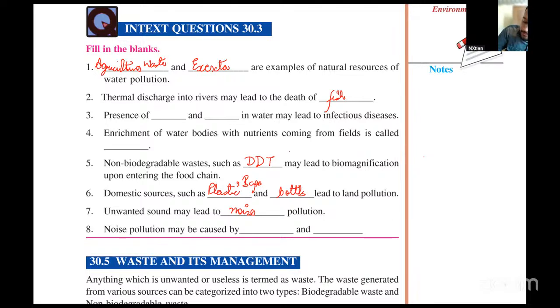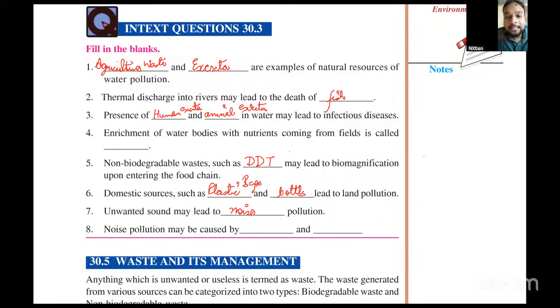Presence of infection is because of human excreta. Infectious disease is because of excreta, not because of chemicals. Guys, please pay attention.